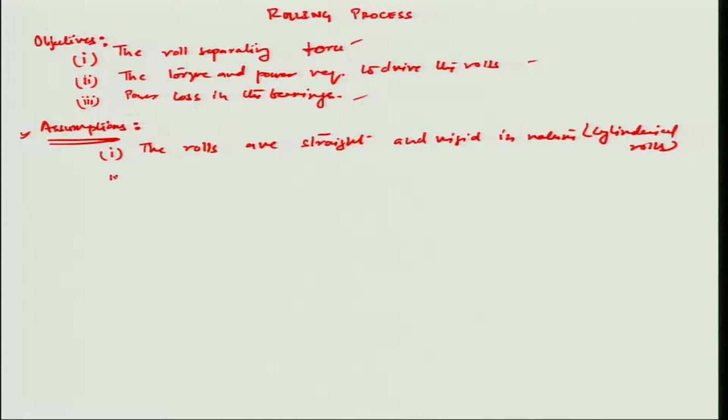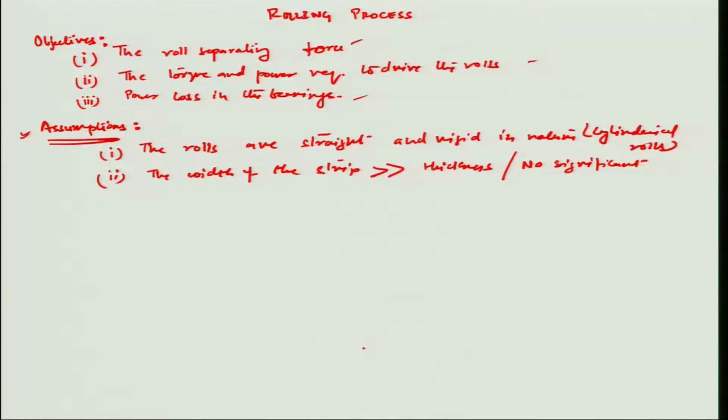We also assume in our analysis that the width of the strip is much larger than the thickness, and we further assume that no significant widening would happen on the width side because of the rolling process.